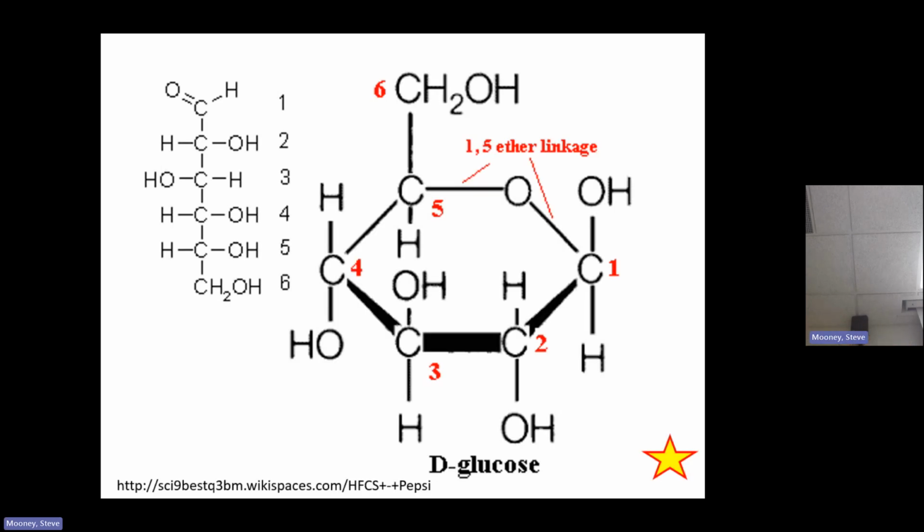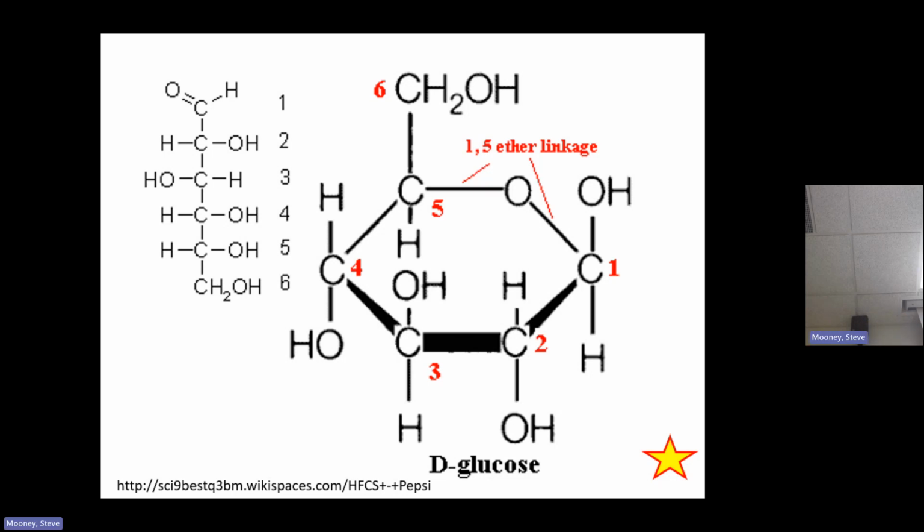We look at glucose. Each of these letters represents an atom. So we have 6 carbons in a chain. So this is the chain version. This is the ring version. If we look at 1, 2, 3, 4, 5, 6 carbons, we'll have 1, 2, 3, 4, 5, 6 carbons in the ring.